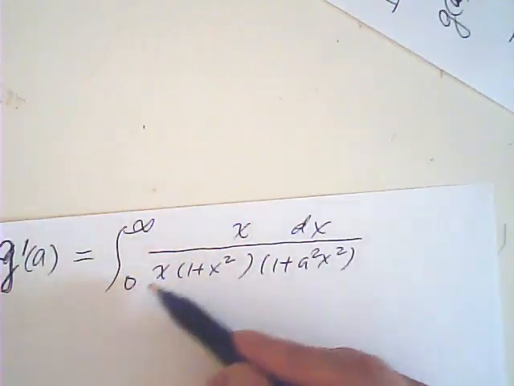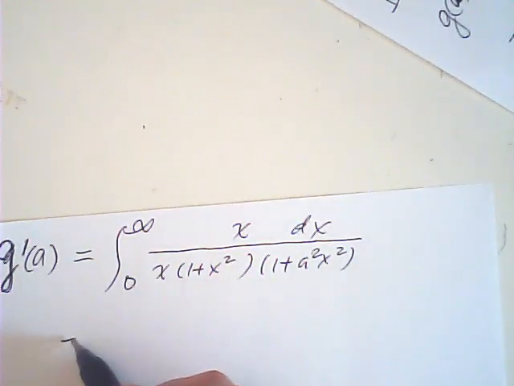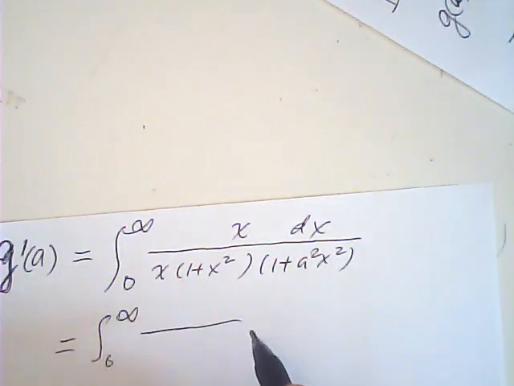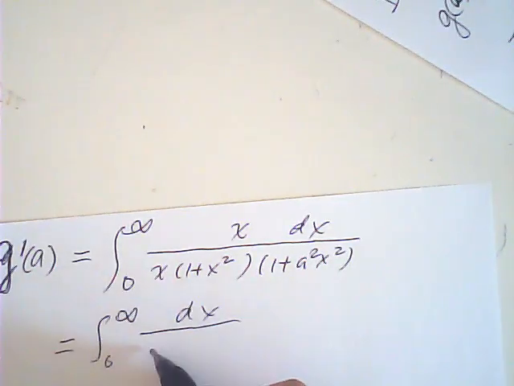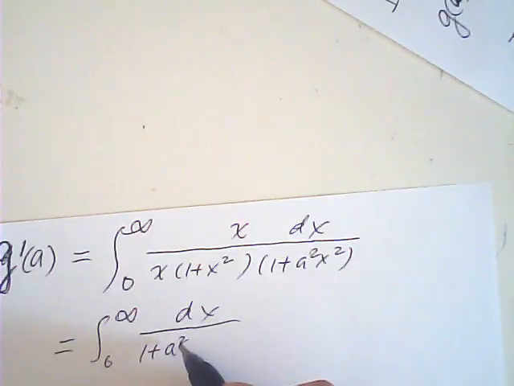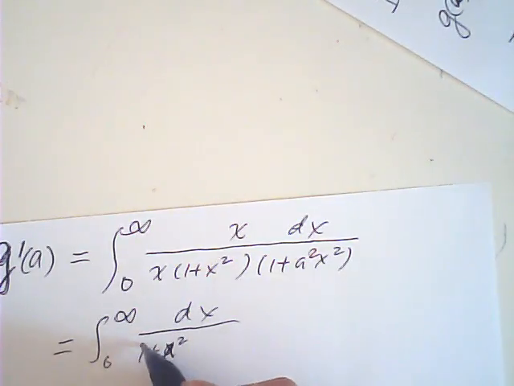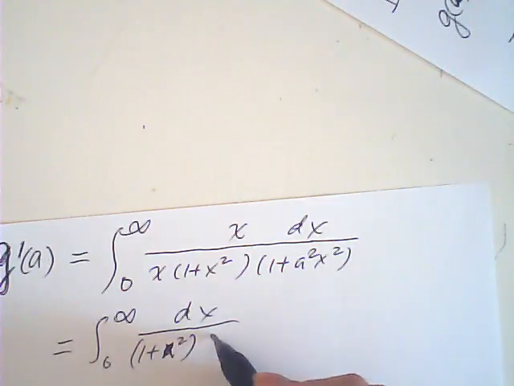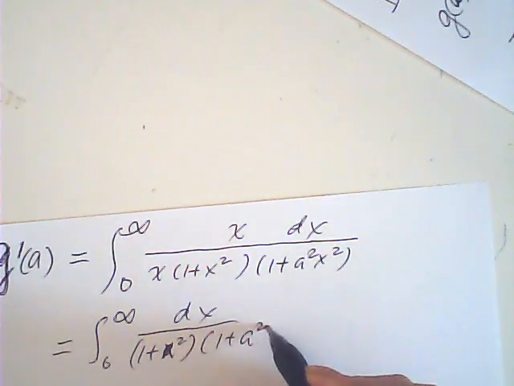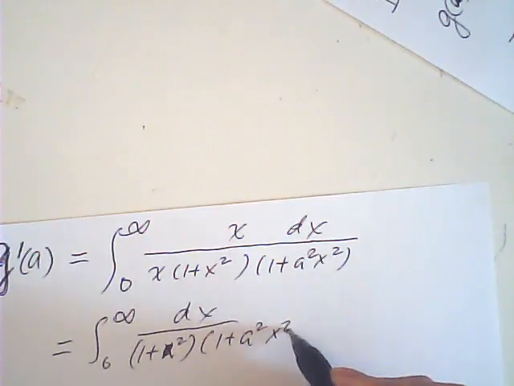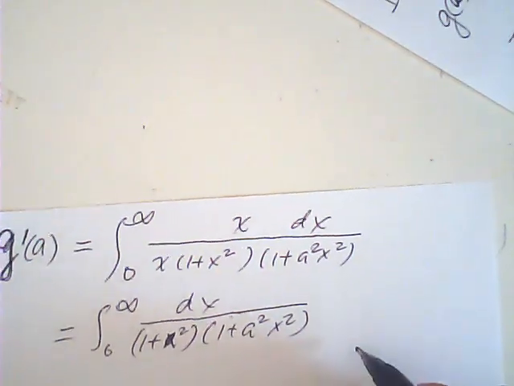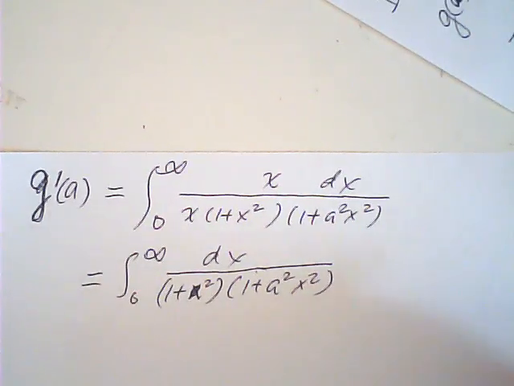Okay, so x cancels with this x, it becomes the integral dx over 1 plus x squared times 1 plus a squared x squared.